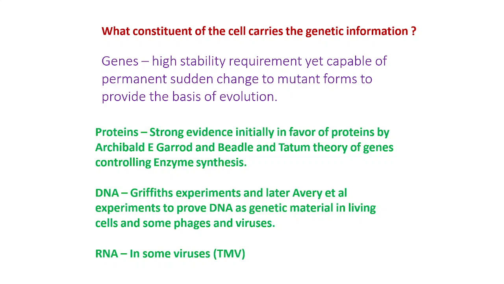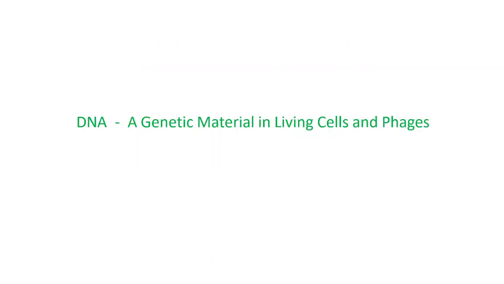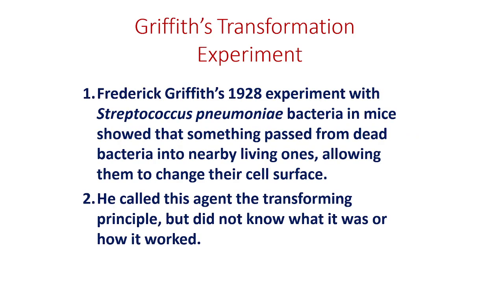And this is very important to know before we go into the depth of DNA, the genetic material in the living cells. To start with, there is a history which most of you might have studied: Frederick Griffith's 1928 experiment.